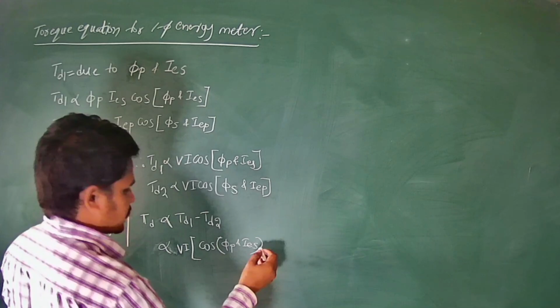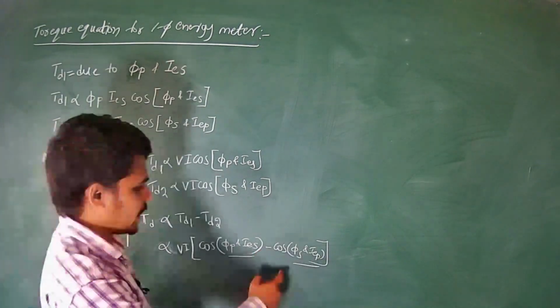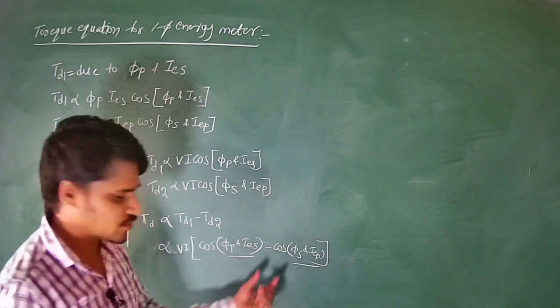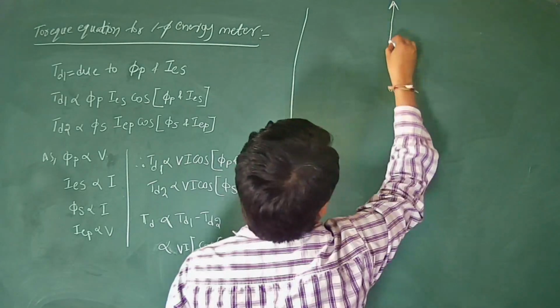Now we have to find out the angle between phi p and IES, and phi s and IEP. To find this, I am taking the help of the phasor diagram. So let us draw the phasor diagram. First, this is the voltage. Let us take the voltage.